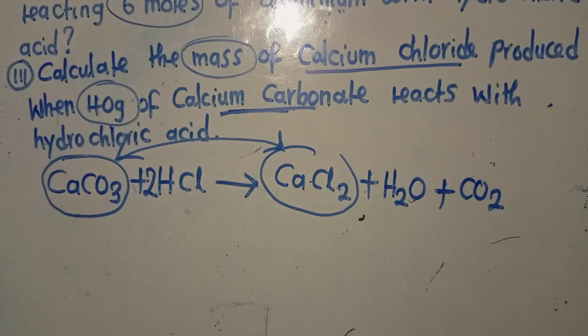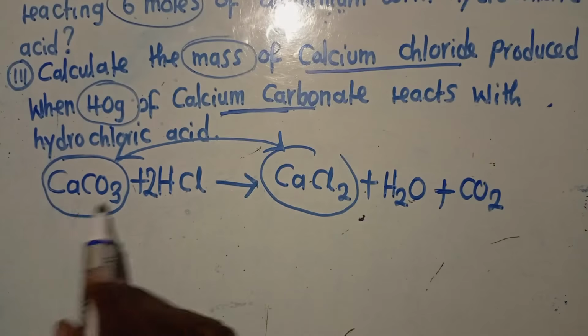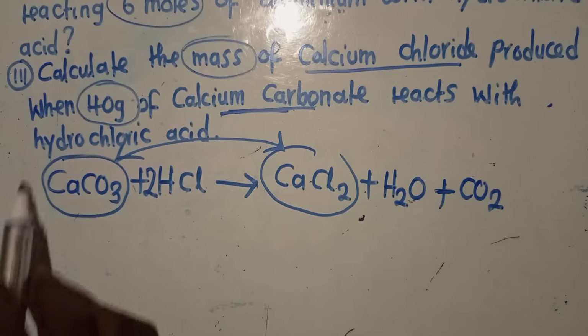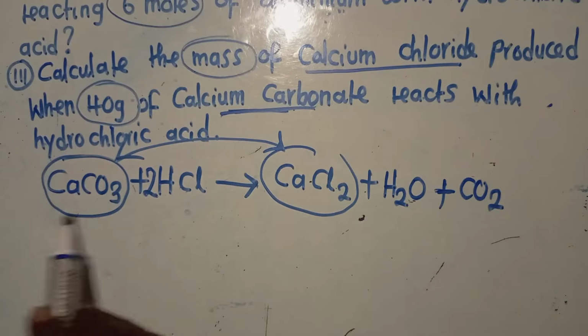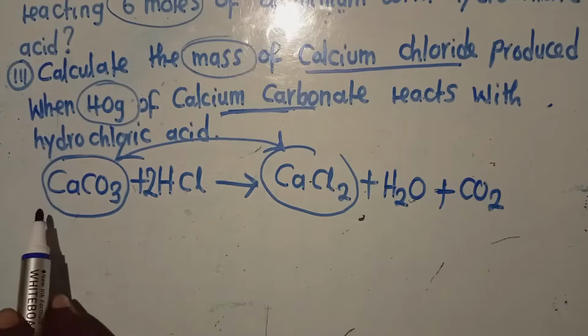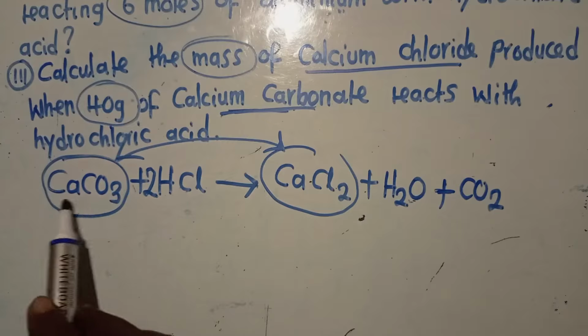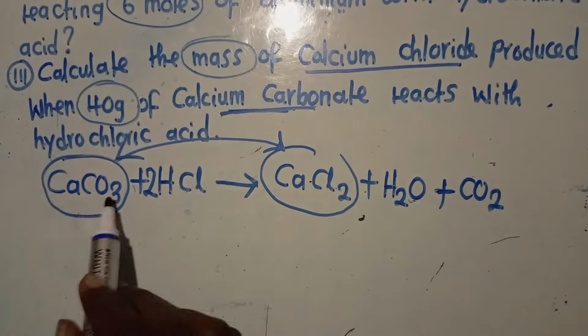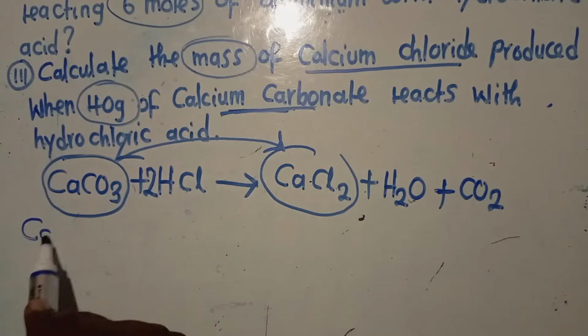So this is a mass to mass calculation. What is the mass of this? If there was a number here, I would calculate this, then multiply with that number I've used to balance. But in this case, what is the mass for calcium carbonate? I believe you know what to do.